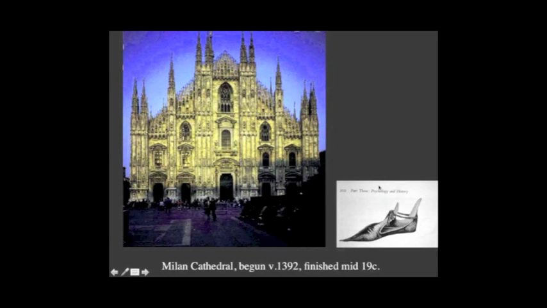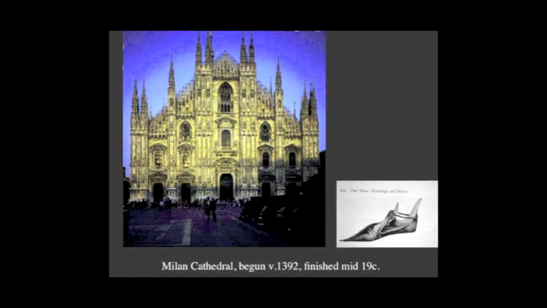The most interesting, I think, and the most transitional of the Gothic cathedrals in Italy is the Milan Cathedral. Part of that is because the Milan Cathedral was begun in 1392. And we can say that by 1420, Italy was already in the Renaissance. So we don't have such a lot of time to get this big, hulking thing built.